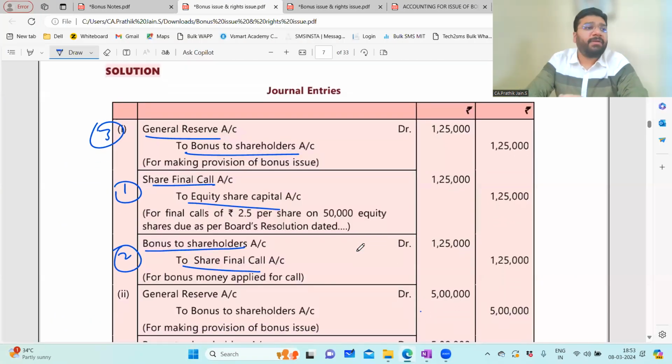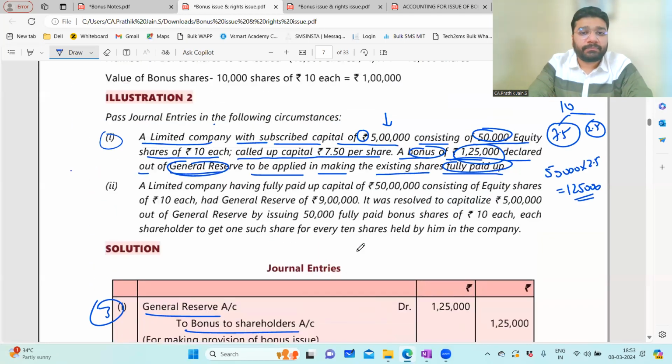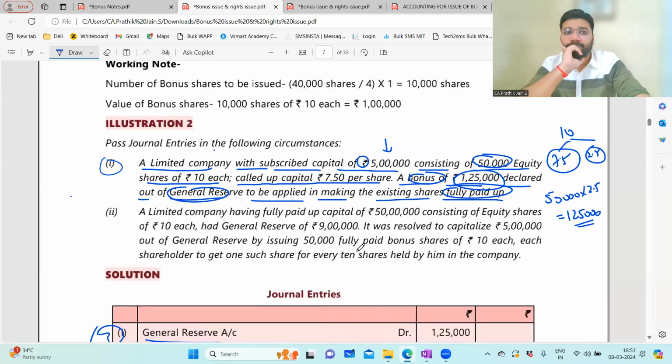Please complete the entries fatafat. Done? What happened? All good?